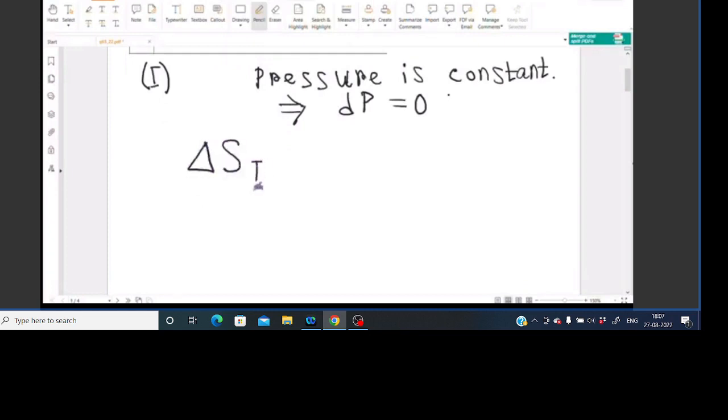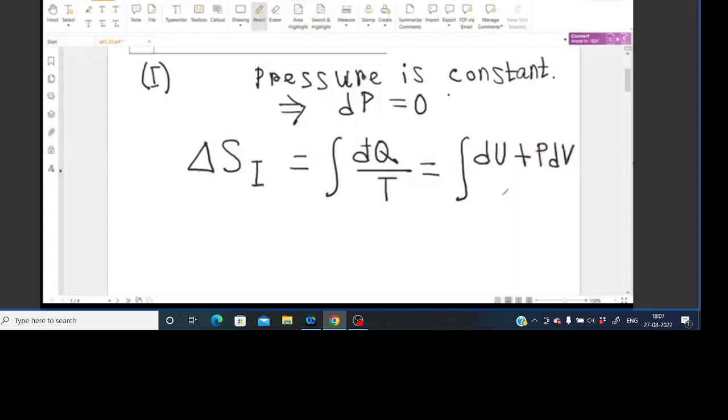The change of entropy in this process is given by the integral of dq by T. Now dq is equal to dU plus P dV, where dU is the change of internal energy, P is the pressure, and dV is the change of volume.